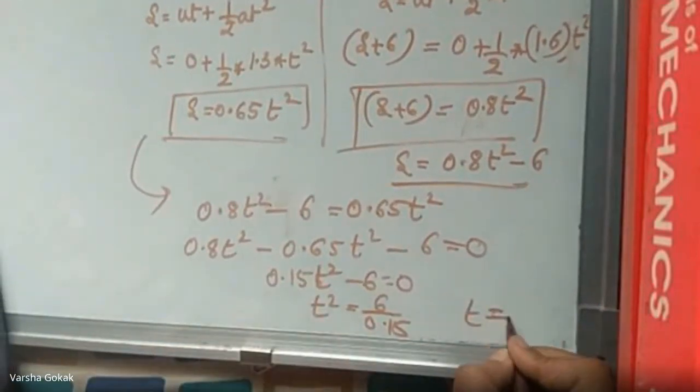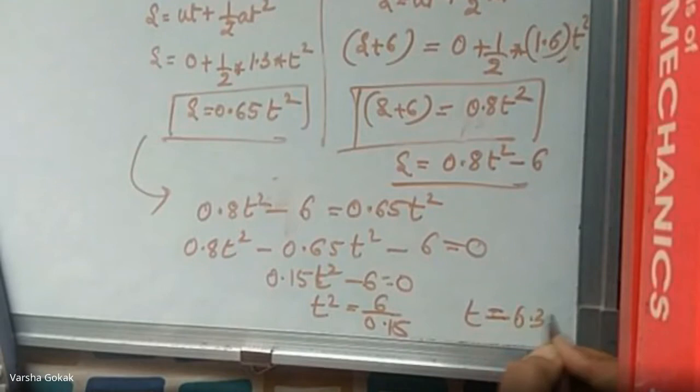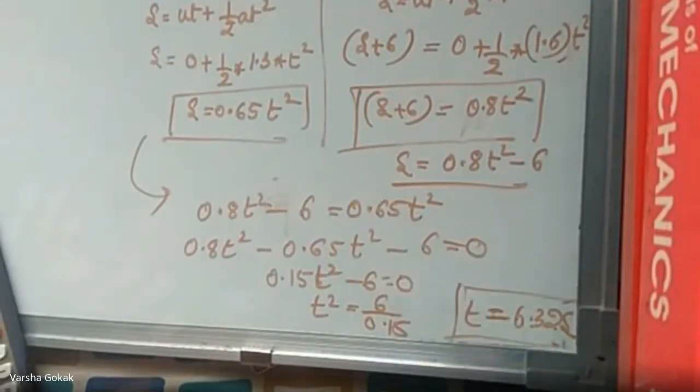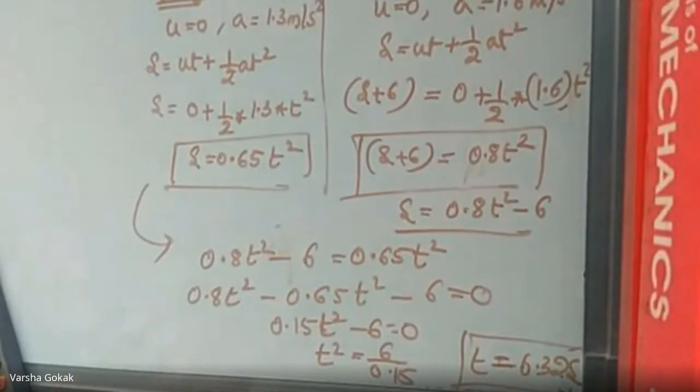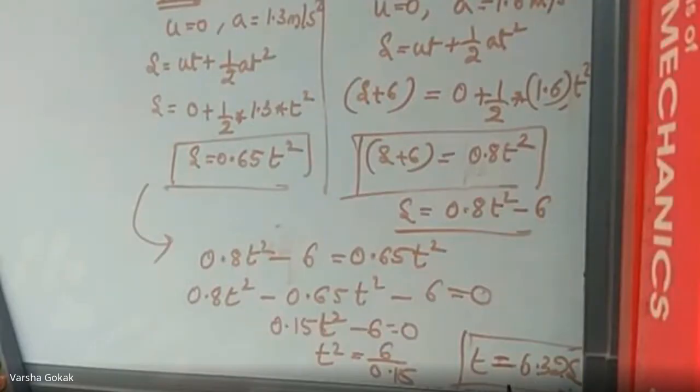I am getting a value of 6.32 seconds. Check. What are you getting? Anybody getting this value? 6.324, correct.